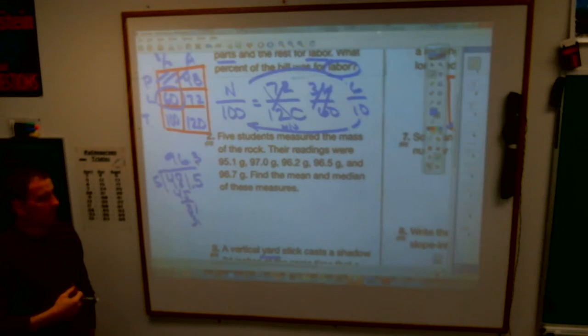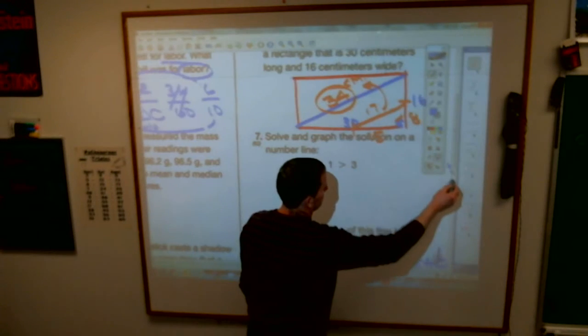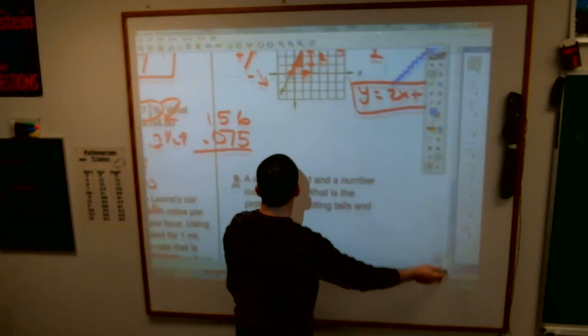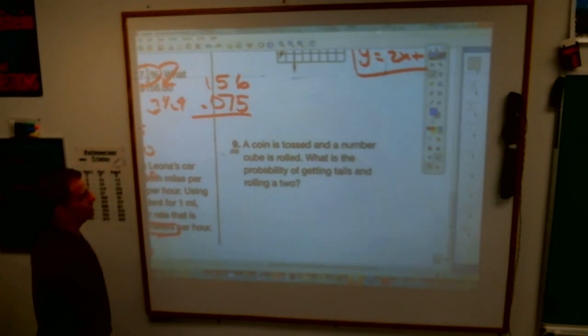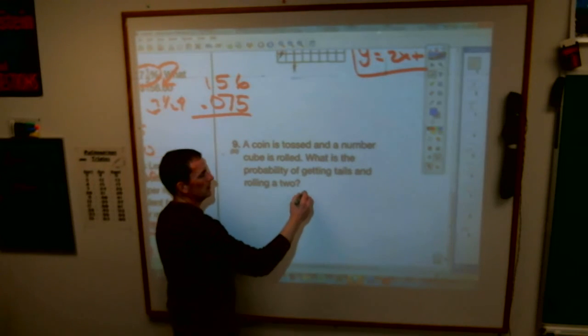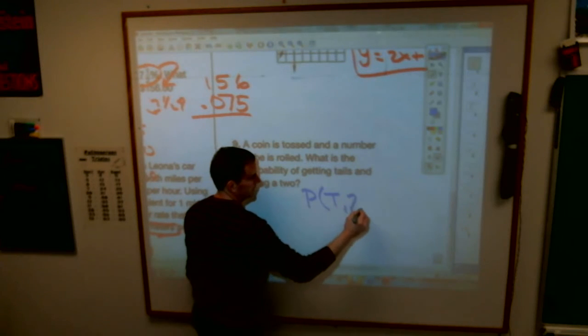Number 9. The coin is tossed, the number cube is rolled. What is the probability of getting a tails and rolling a 2?